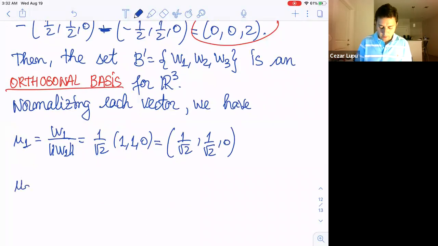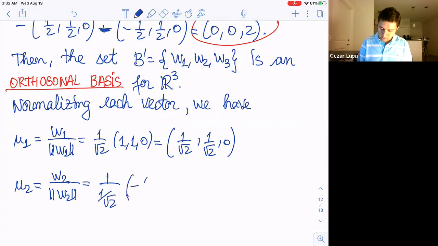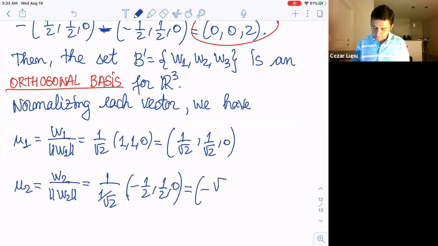Okay, now we're going to do the same thing for U2 and U3. U2 will be W2 over the length of W2, which will be 1 over square root of 2 times negative 1/2, 1/2, 0, which will give us negative square root of 2 over 2, square root of 2 over 2, and 0.